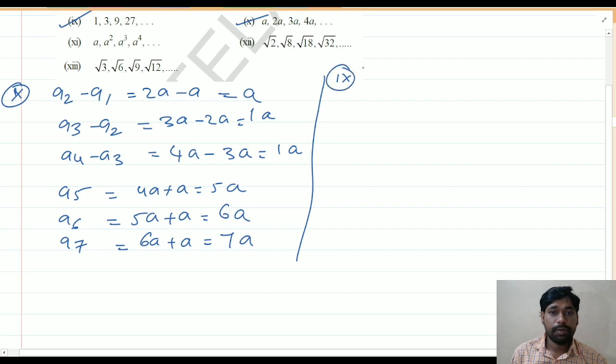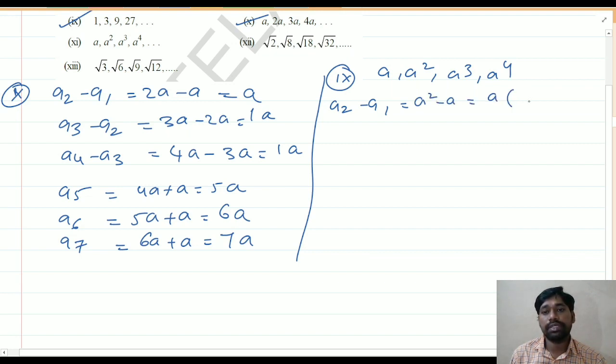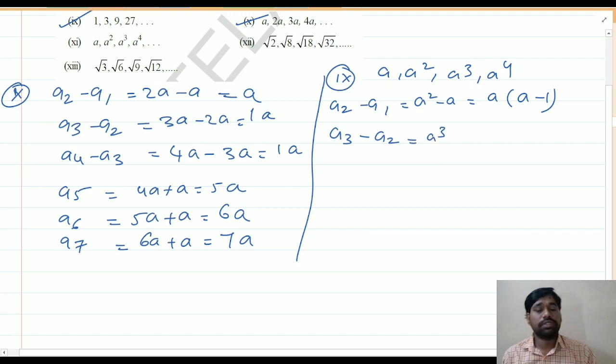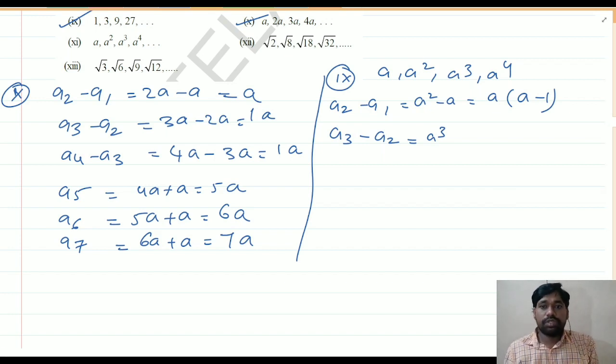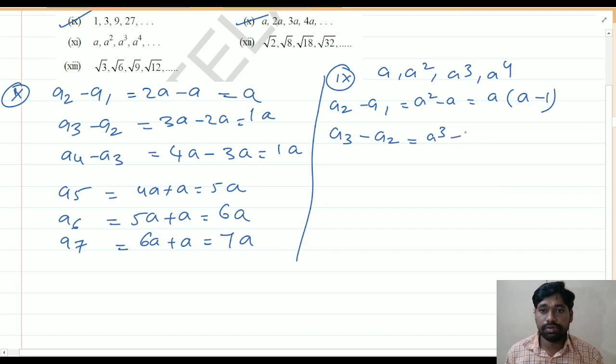The 11th is: a, a square, a cube, a power 4. If you find a2 minus a1, that is a square minus a, you can take a common, and a into a minus 1 will be left here. Then a3 minus a2 is a cube minus a square.